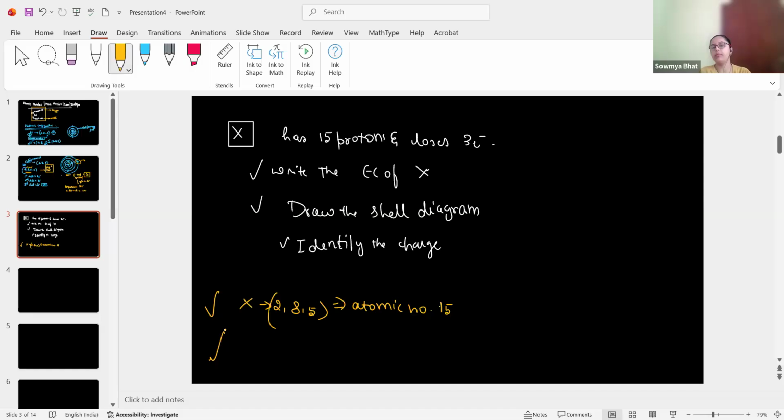Draw the shell diagram. Okay, how do I annotate? I found the button. One second, I'm using my mouse, so don't blame me.